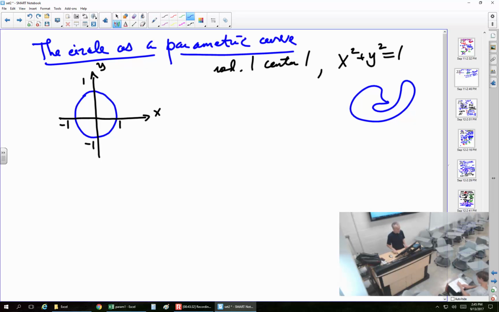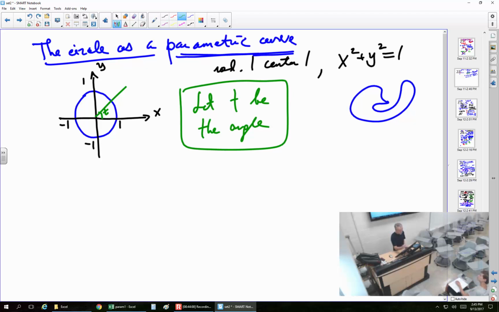So that's why we want to have the circle as a parametric curve. The answer is very simple. It's familiar, if you remember this unit circle, you have seen it before. That is where all trig functions come from. So let t be the angle, and this t is the parameter of our parametric curve.